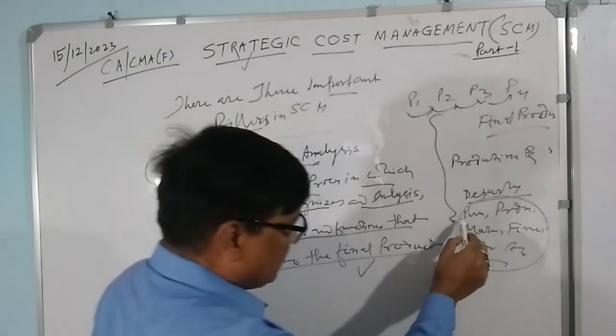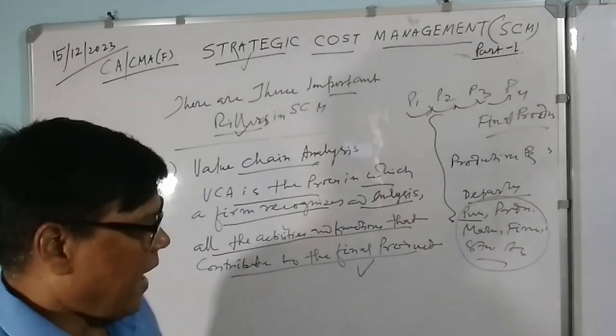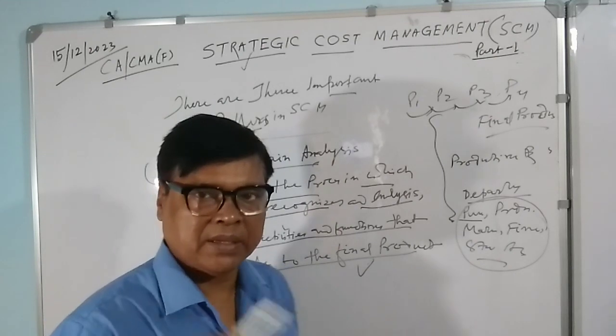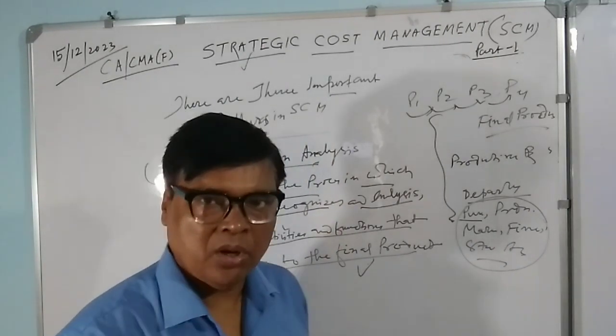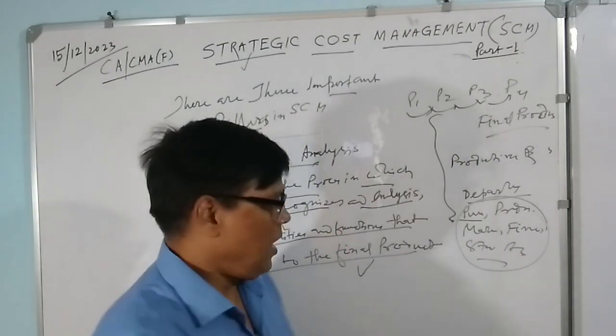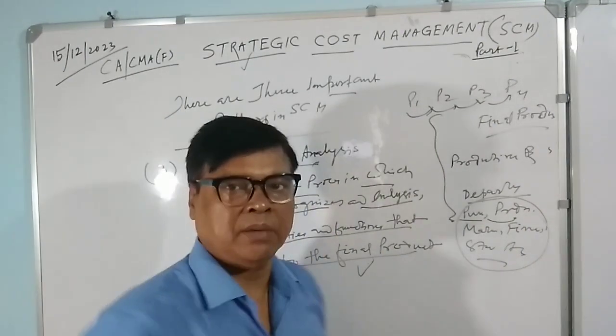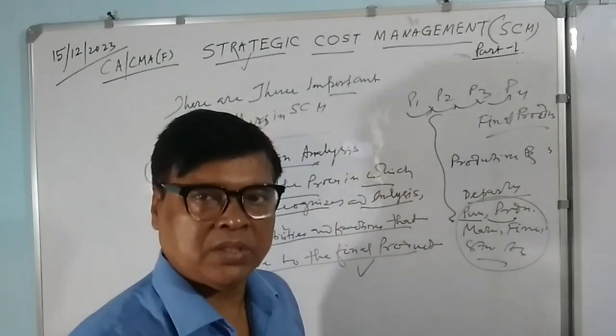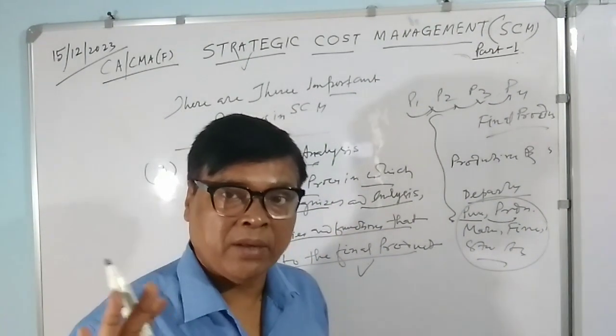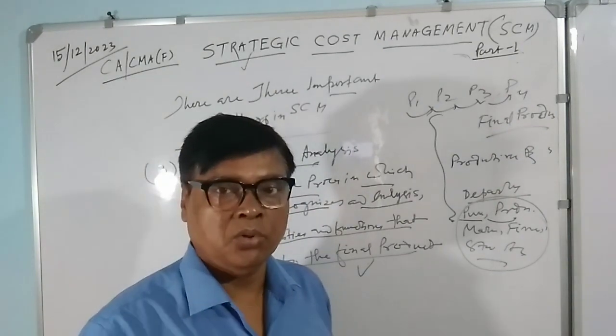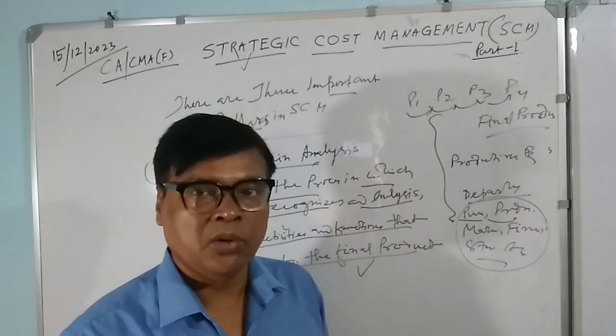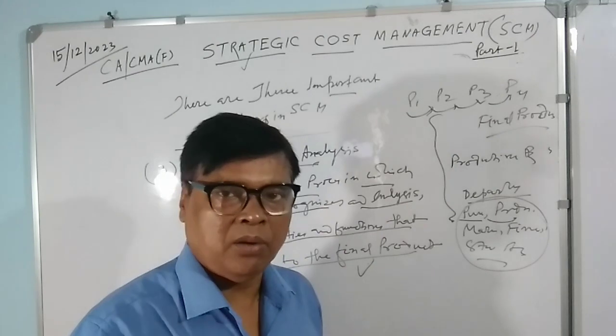Suppose the purchase department, as per the requirement of the production department, does not procure the material, how can you continue your production process? So the production process will stand still. So there also planning will be there. Like the EOQ concept, whether you will buy frequently or purchase more at one time.